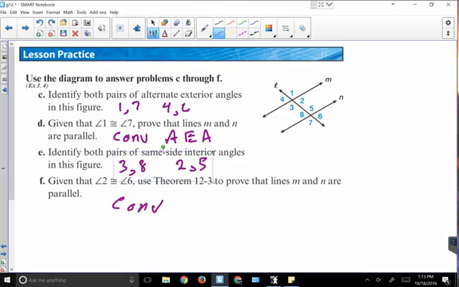Okay, so what do we say that they are if 2 and 6 are in the same place? What's the word that we use for it? Not congruent, but oh, those of you in the peanut gallery, help out. What's the word that we want? Corresponding. So, this is going to be corresponding angles. Okay? Converse of that allows for it.